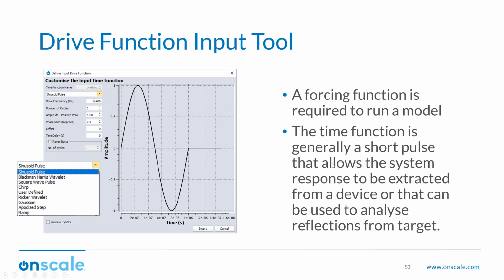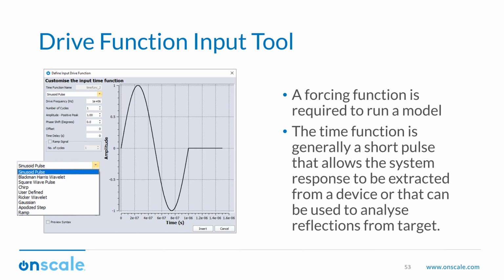The only thing which is a bit confusing is that you have a frequency shown in the drive frequency, but the plot you see here is actually a time curve. So you don't see the frequency directly. You could, and I'll show you afterwards how it looks, but you'll have to do a fast Fourier transformation on the signal to actually see the frequency distribution, because OnScale is a time domain code.